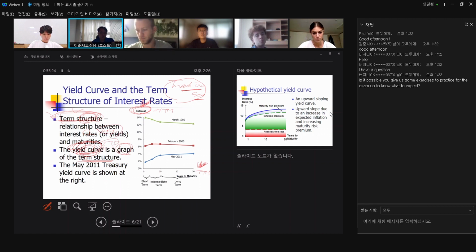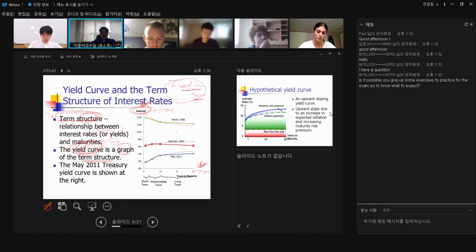And the yield curve is a graph of the term structure. As you can see, the yield curve shows upward, as of May 2011, flat, February 2000, or downward, March 1980.